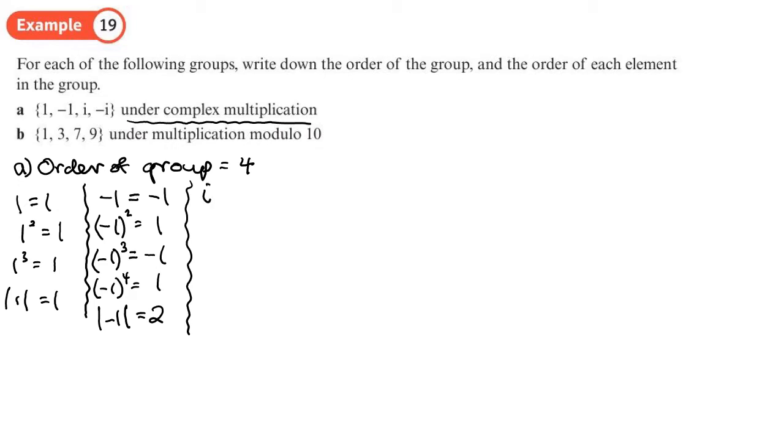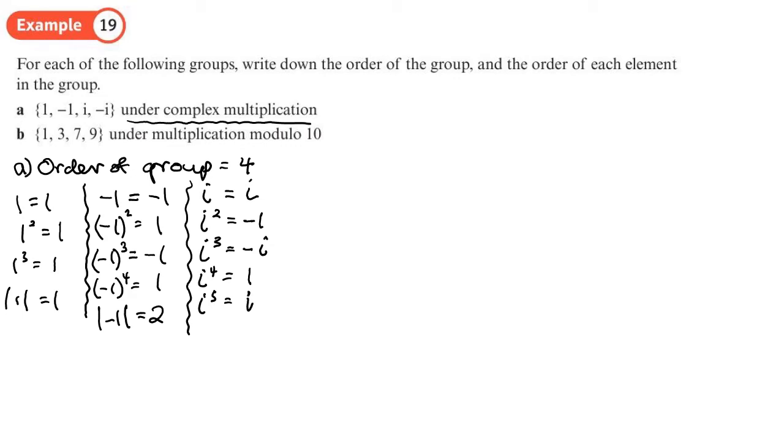I suppose this one gets a bit more interesting. So obviously we just get itself. i squared is going to give you negative 1. i cubed, well, we just take the negative 1, multiply it by i, so that gives you negative i. And then i to the power 4, that gives you negative i times i, which is negative i squared, which will give you 1, and then i to the power 5 takes us back to i again.